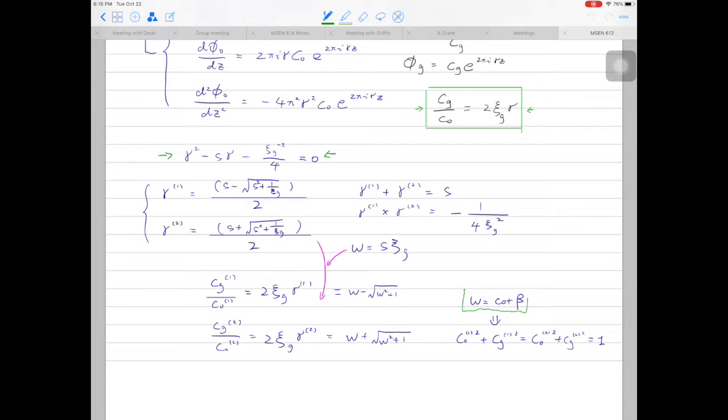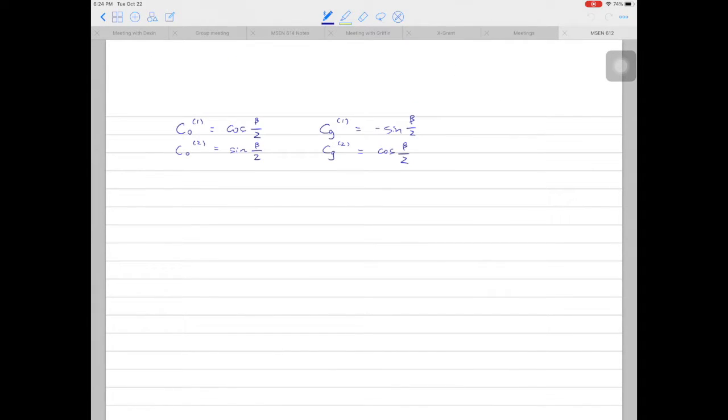Substituting this into these two equations and combining with something we learned back in high school about trigonometry, that 1 minus cos beta is equal to 2 sine squared half beta, and sine beta is equal to 2 sine half beta multiplied by cos half beta, we can get the solution for c01, cg1, c02, cg2. And this is what we get for all the c values.